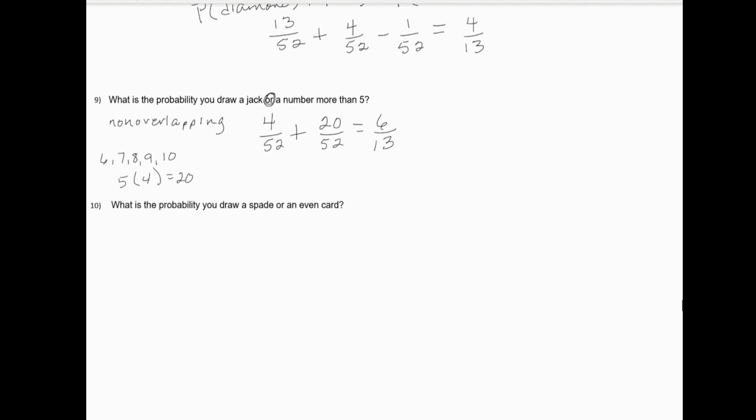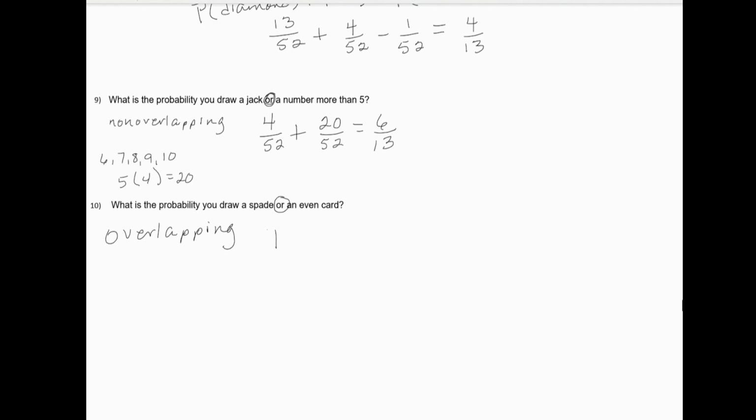What is the probability that you draw a spade or an even card? So can a card be a spade and even at the same time? Yes. So it's overlapping. Okay.